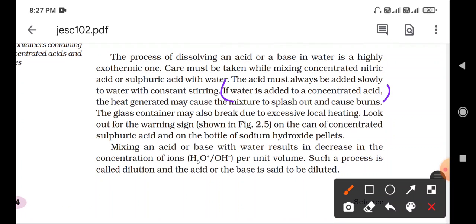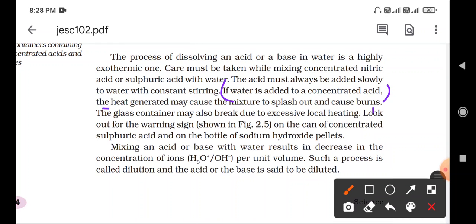Or it may be asked like this: it is advised that water cannot be added to the concentrated acid. So you have to write the answer for this question.